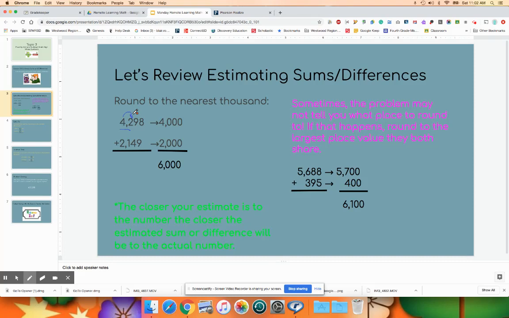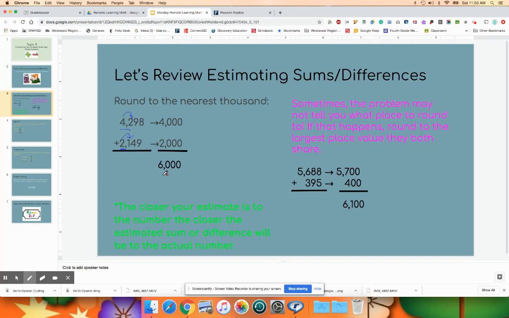So 4,298 would round to 4,000. Then 2,149: underline the rounding place, the thousands place. The 1 is going to tell me what to do. Is the 1 going to bump up the 2 or leave it alone? It's going to leave it alone. So 2,149 rounds to 2,000. So those are my 2 estimates, and I'm going to add them because I'm finding the sum. So 4,000 plus 2,000 equals 6,000.